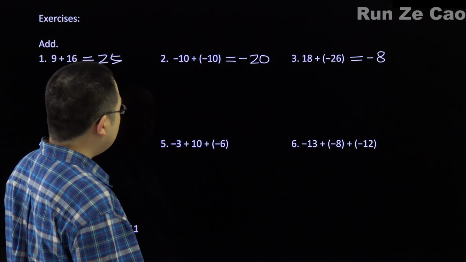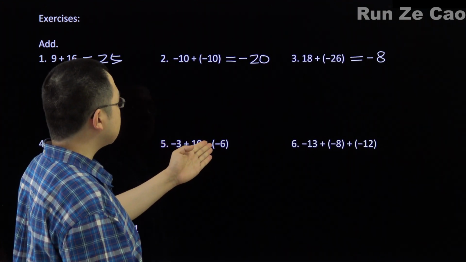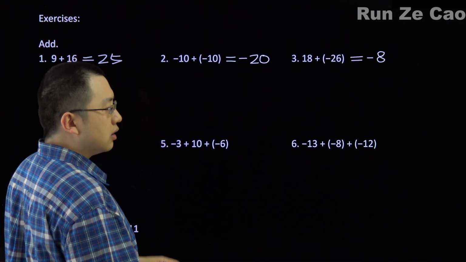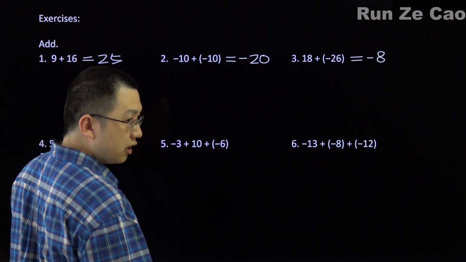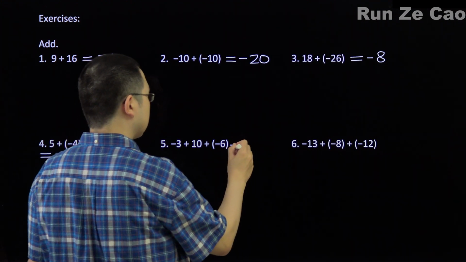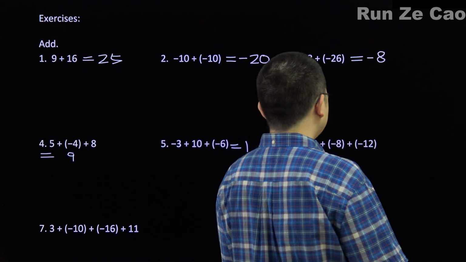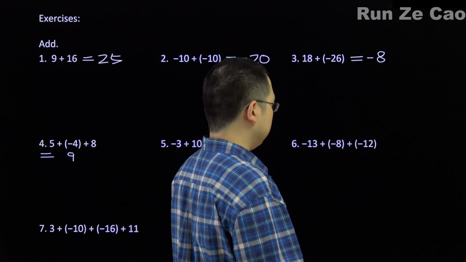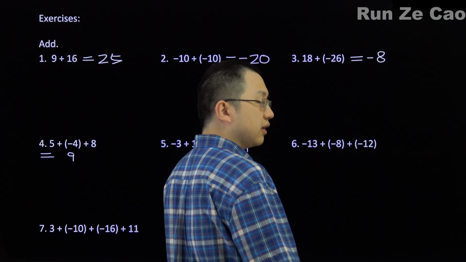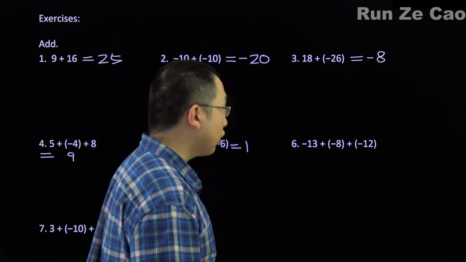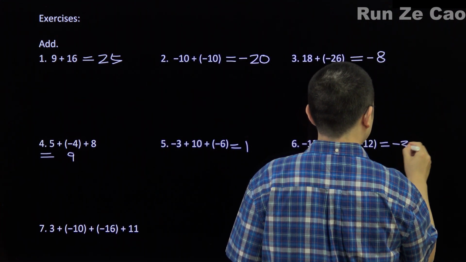Negative 3 plus 10 plus negative 6, that's also known as negative 3 plus 10 minus 6. So negative 3 plus 10 is going to be 7, and then minus 6 is going to be equal to 1. Negative 13 plus negative 8 plus negative 12 leaves us at, well, the negative 8 plus negative 12 leaves us at negative 20, and then we have a negative 13, so negative 33.